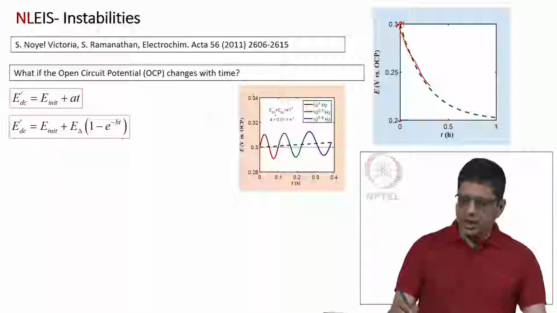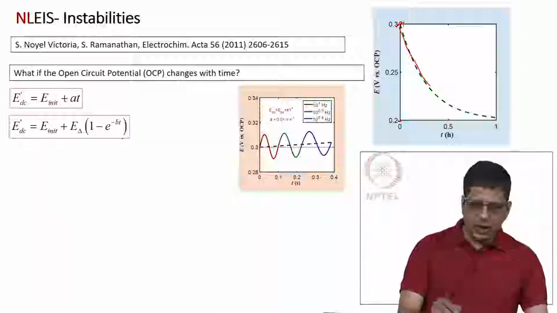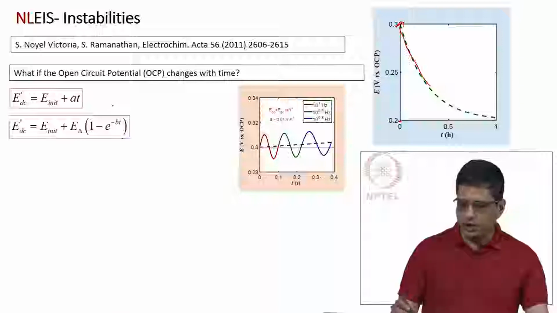In case I apply a sinusoidal potential when you have a linear change in the open circuit potential, our DC potential is 0.3 volt with respect to open circuit potential, and if the open circuit potential were to remain constant, this light grey color line would represent that DC potential with respect to open circuit potential.